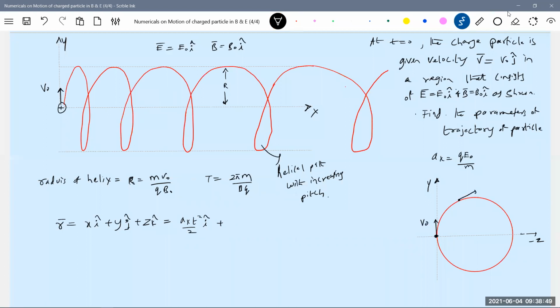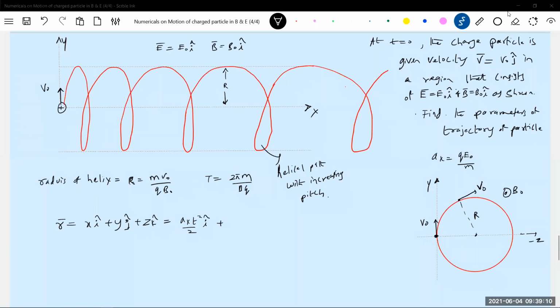After some time t, this is for the y minus z plane only, but the x component will keep on increasing. This is r, and the magnetic field here will be B naught out of the plane. It's going to describe a circular path in the y minus z plane. This is the position vector.